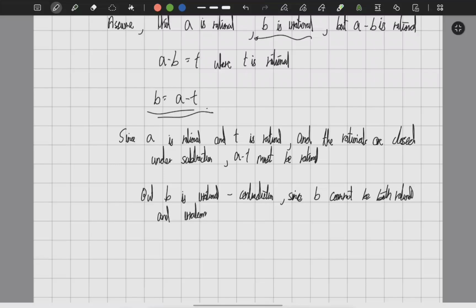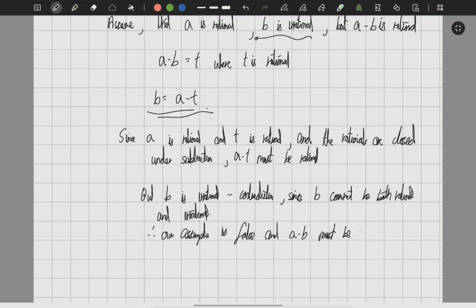Okay, then I can just do our standard statement. Therefore, our assumption is false and a minus b must be irrational. There you go.